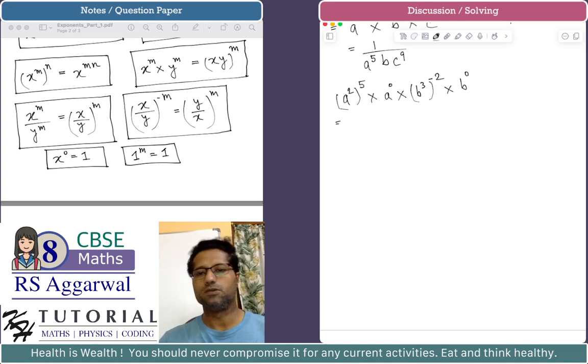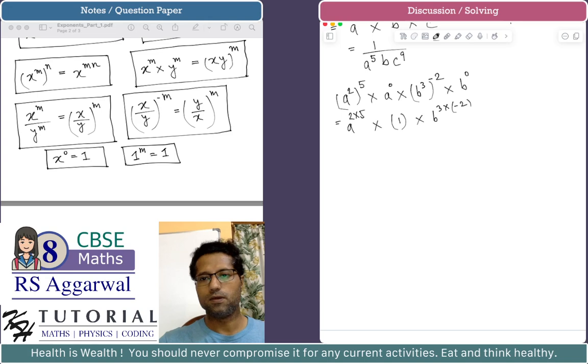So this is equal to a squared raised to the power 5. In the result, the power will be the product of the powers, so a raised to the power 2 into 5. Now a raised to the power 0, that is any rational number raised to the power 0 is always 1. What is this? b cubed raised to the power minus 2, so it will be 3 multiplied by minus 2, and also b raised to the power 0 is 1.